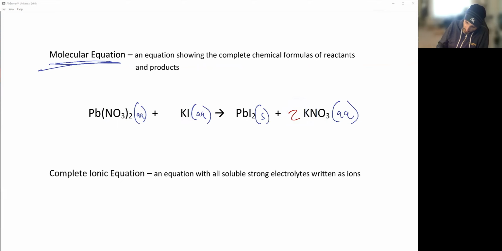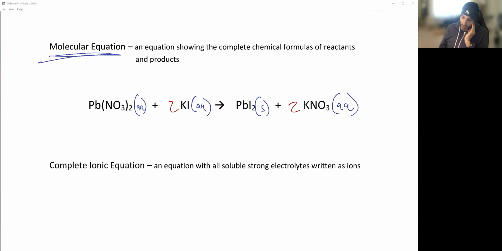So let's throw a 2 in front. And one more time we check. One lead, two nitrates, two potassiums, two iodides. Good, we're balanced. So just go back and forth until you get it. So here we have the balanced chemical equation.